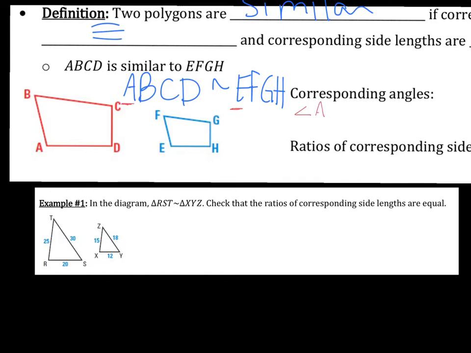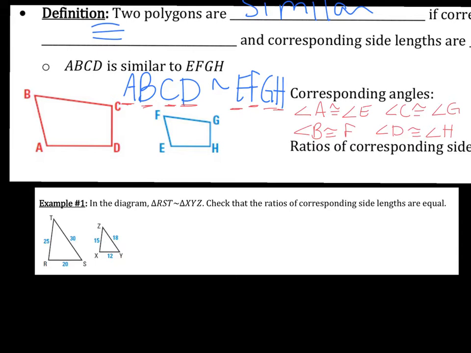So angle A is congruent to angle E, then B would have to be congruent to F, angle C is congruent to angle G, and I'm just going right down that similarity statement. D is then congruent to H. So I've listed out all of my corresponding angles.